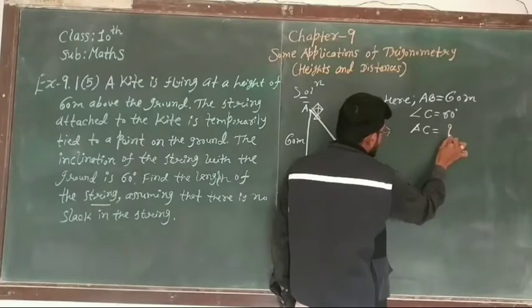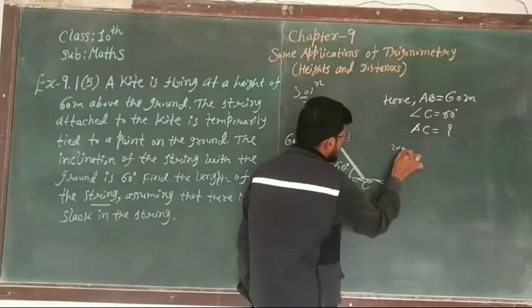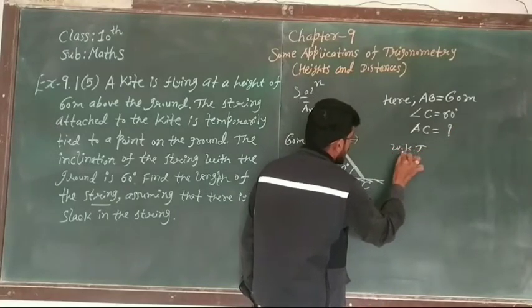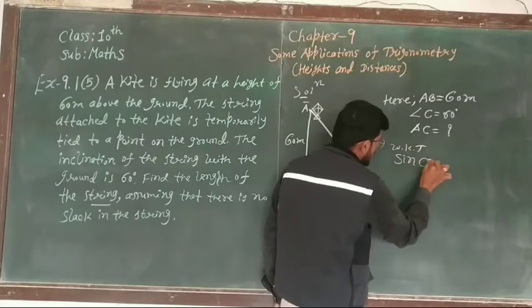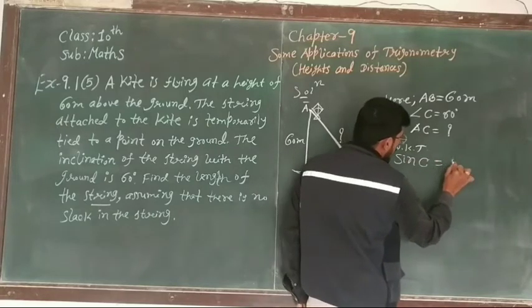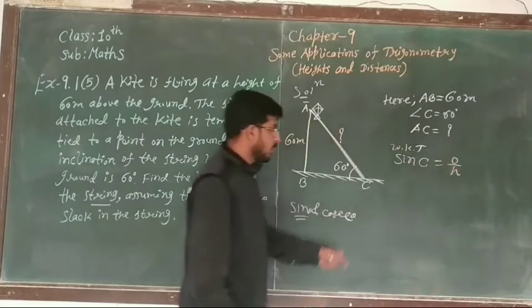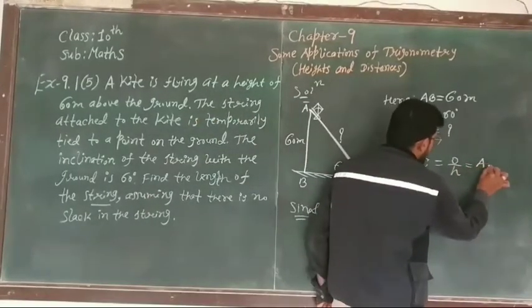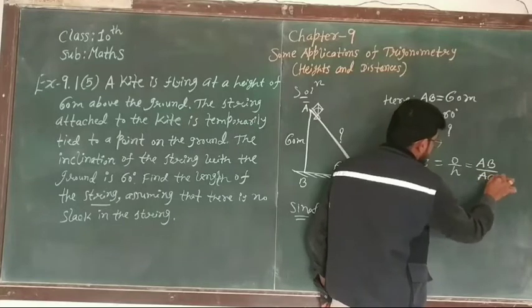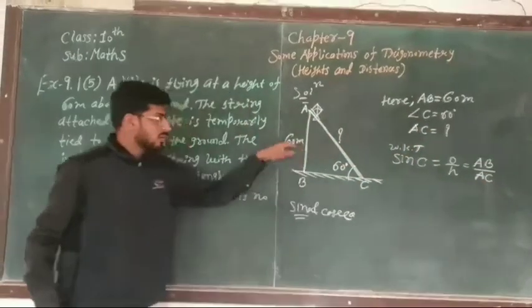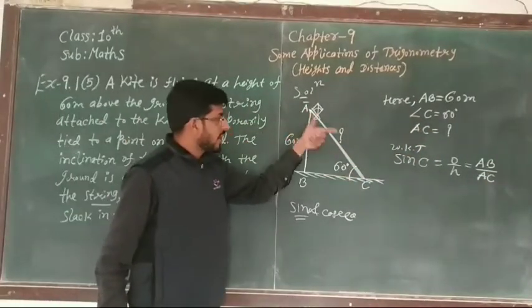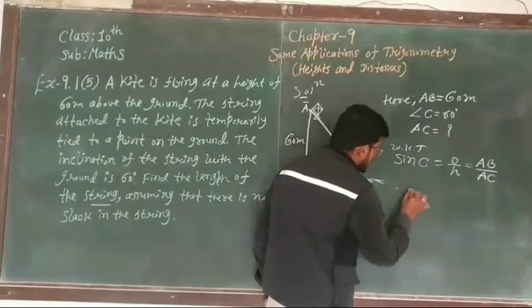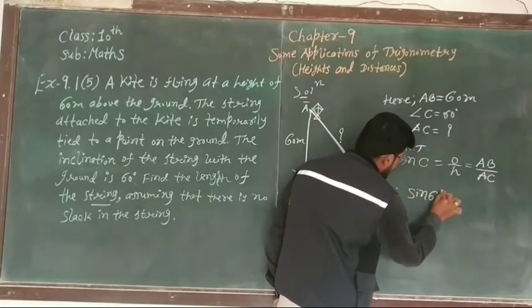So we know that sine C is equals to opposite upon hypotenuse. Opposite side of angle C is AB. So write down here AB upon AC, because AC is the string. Okay. So we have to find AC. Therefore, sine 60 degree is equals to, because angle C is 60 degree is given.